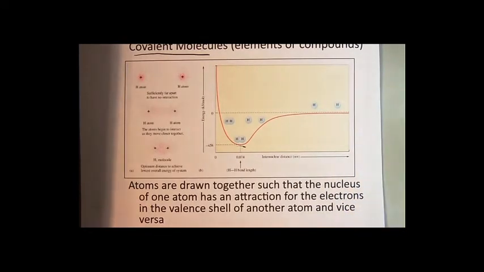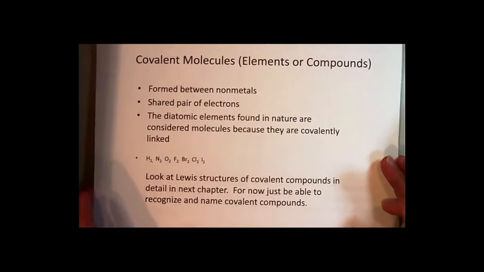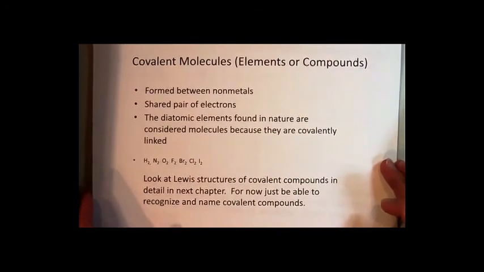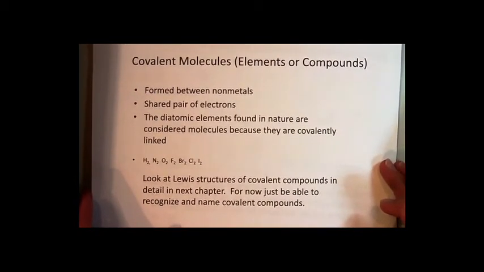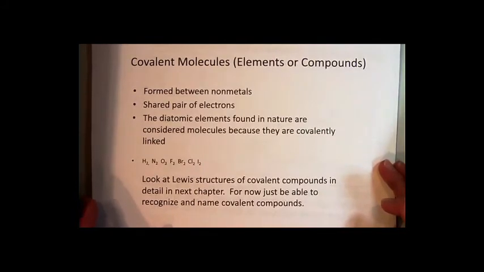Okay, so covalent molecules are typically formed between nonmetals and nonmetals. I need to point this out to you because when we're naming compounds, we use different systems of nomenclature depending on whether or not it's an ionic compound or a covalent compound. The ionic compound is the metal name, then the anion name with the IDE suffix, or the polyatomic anion.